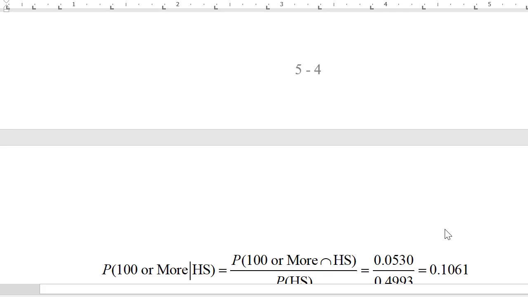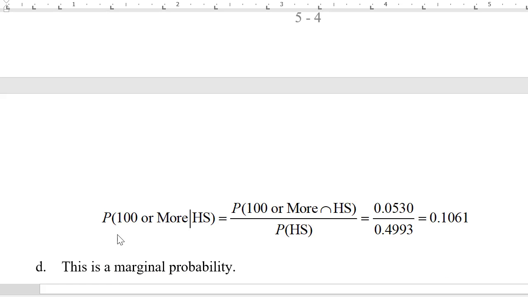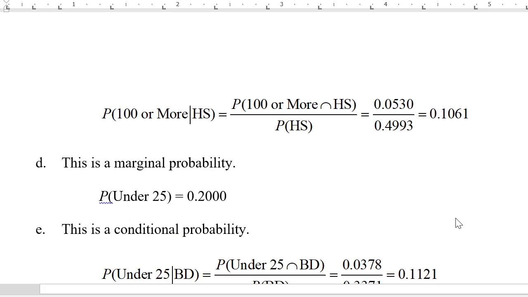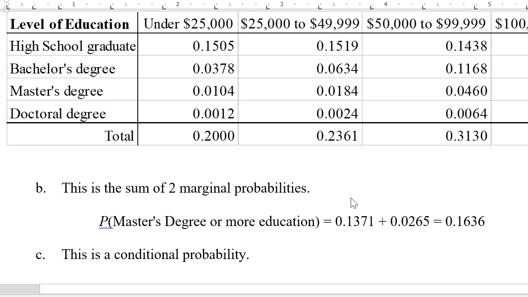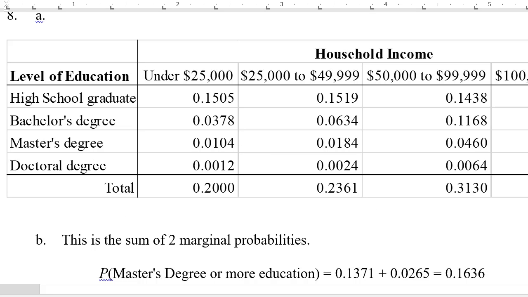C is a conditional probability of 100 or more given a high school. Again, here are the numbers I was looking for in the result. The probability under 25 is 0.2. You pull that out of the table right here.